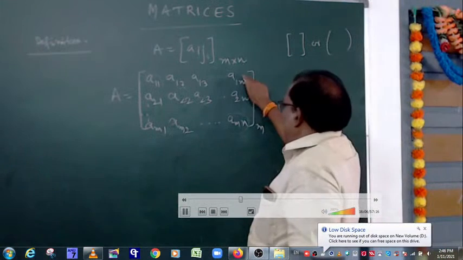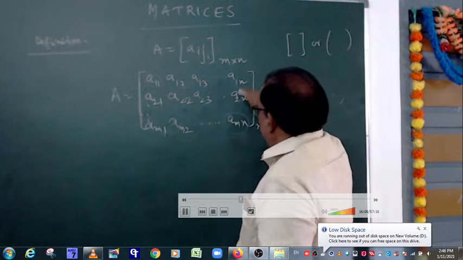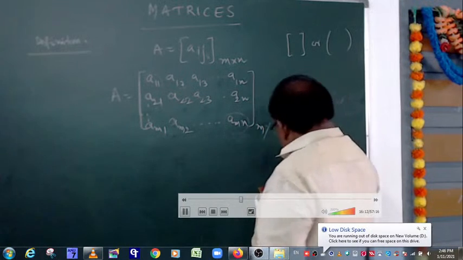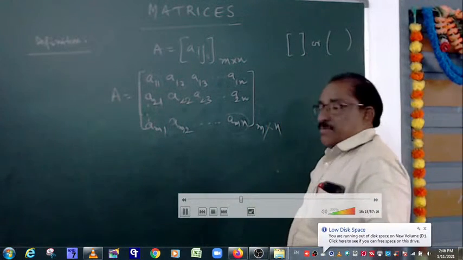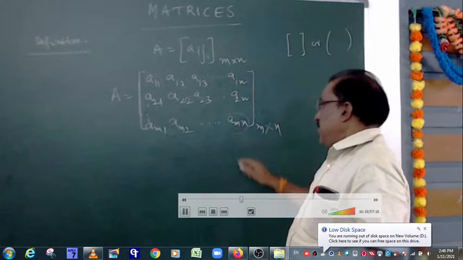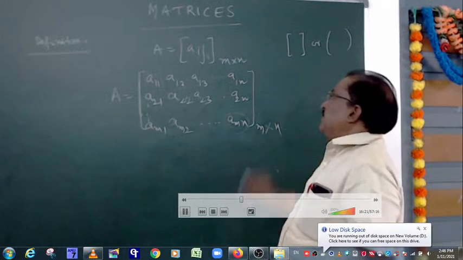So here, how many rows are there? m. Number of columns, n. So here the order of the matrix A is m by n.